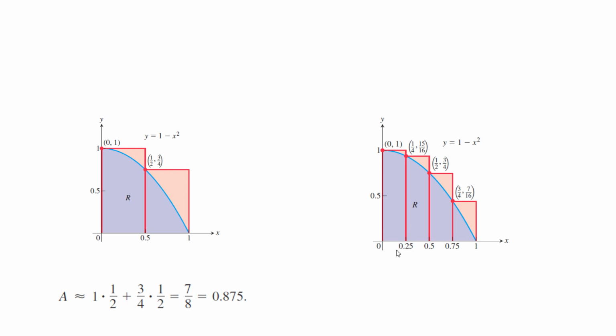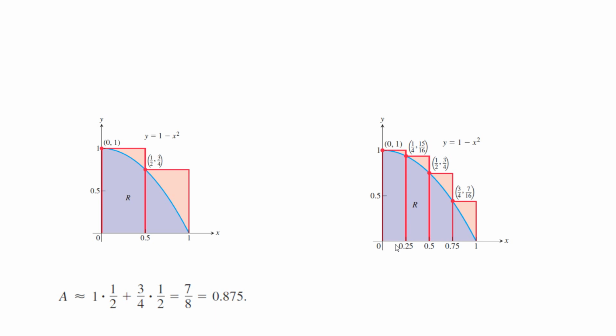So again, in order to construct the rectangles, the width of the rectangle is the length of the interval, which is 1 over 4 in each case, and the height of the rectangle is the maximum value of the function in the respective interval. So in the first interval, the maximum height is 1. So the rectangle drawn in this interval has height equal to 1 and width equal to 1 by 4.